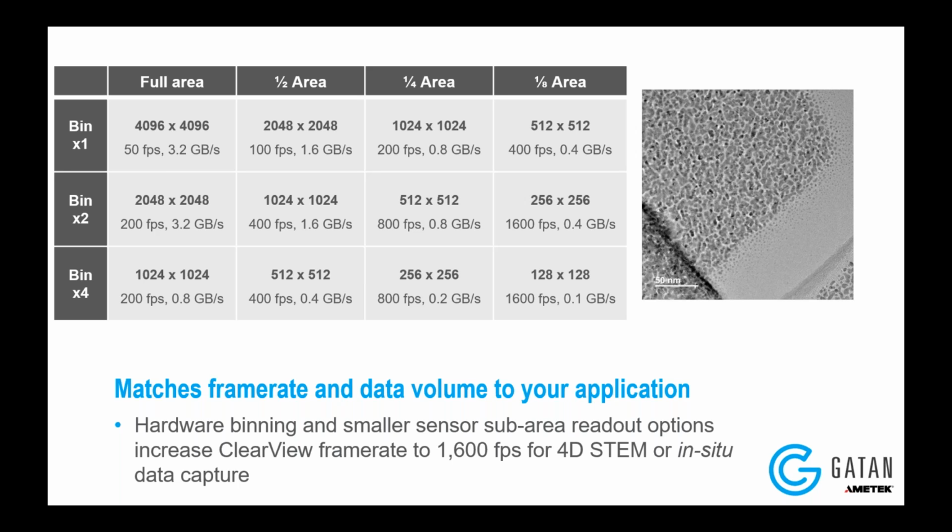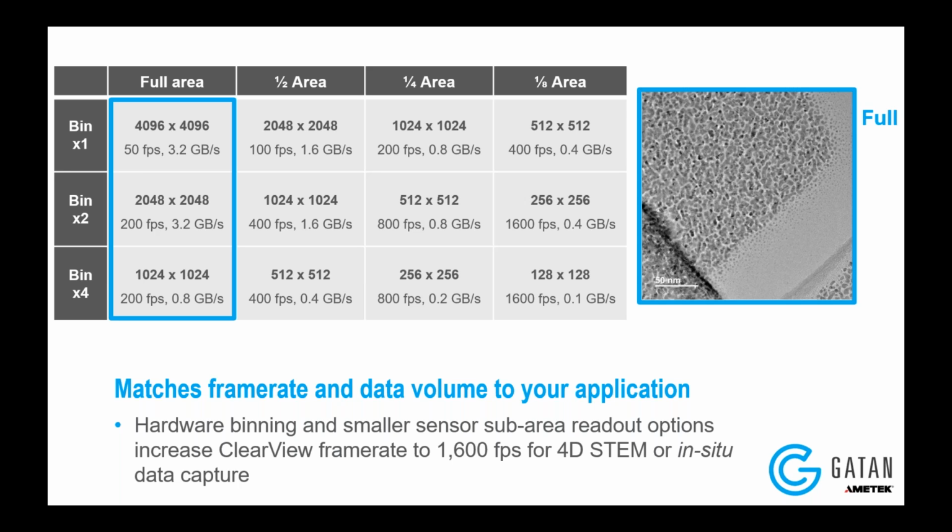Now, you can combine any of those binnings and sub-areas to get many different frame rates, and that's what this table is showing: all the different image sizes and frame rates, and importantly also the data rates that come off the camera at different combinations of binning and sub-area readouts. One important thing to note is that different sub-area readouts affect the field of view of the camera.